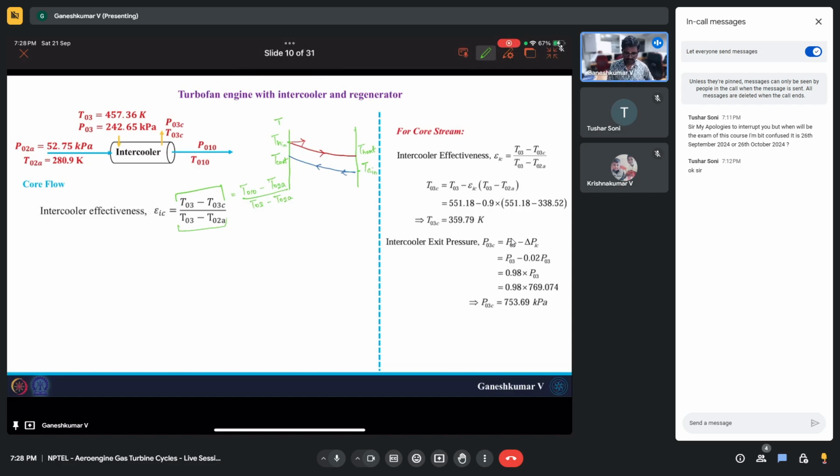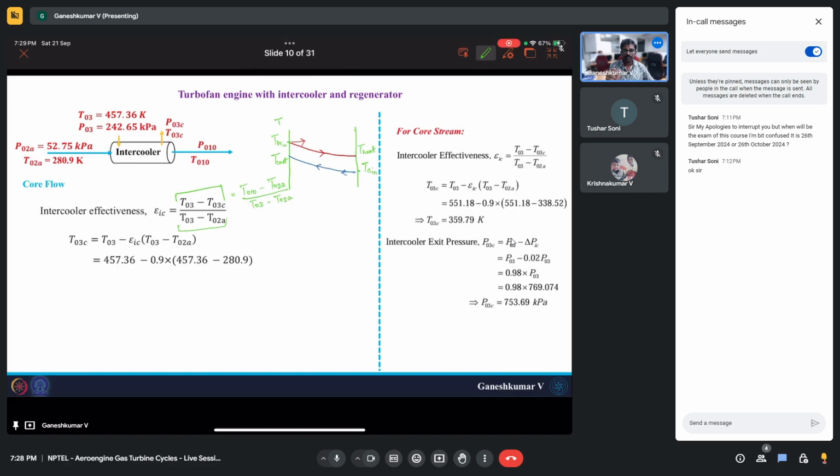So now that we know the effectiveness formula, we can just substitute. Nevertheless, we have already provided it in the lectures, so it should be straightforward for you. Now you can just rearrange this. Effectiveness is already given, it's 90% effectiveness or 0.9 effectiveness here.